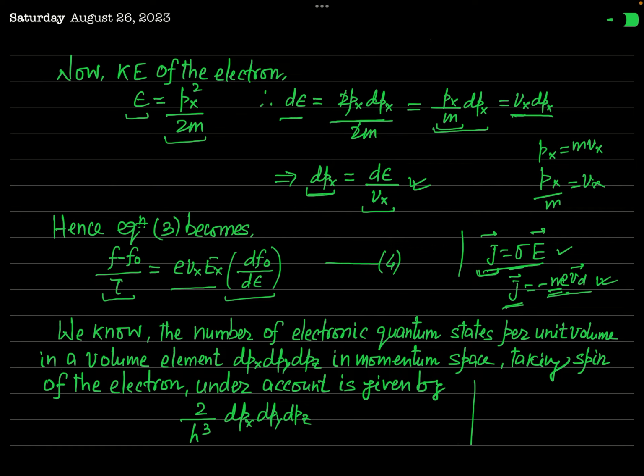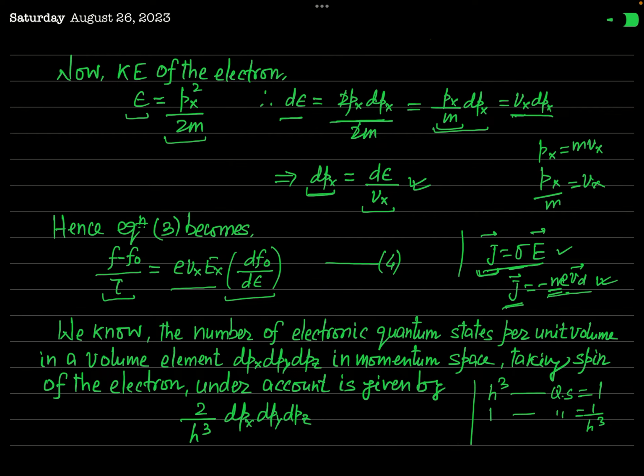Okay, so you know that if we are talking in terms of the phase space, then in h cube volume, where h is Planck's constant and h cube represents a volume, the number of quantum states is equal to 1. So in unit volume, the number of quantum states is 1 over h cube.